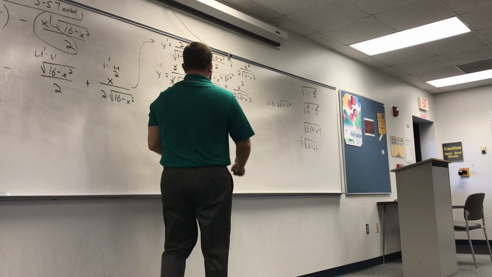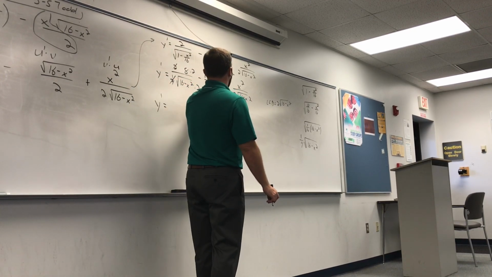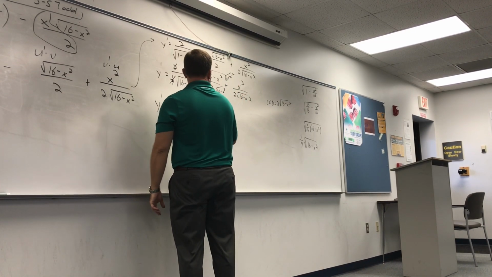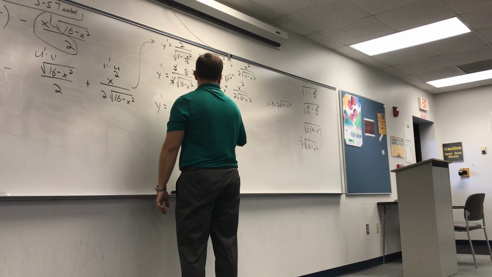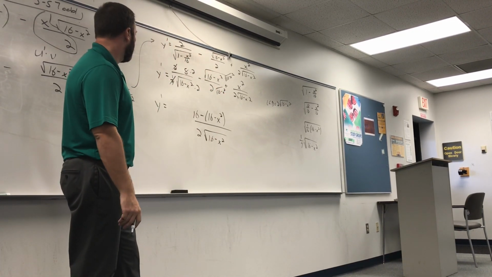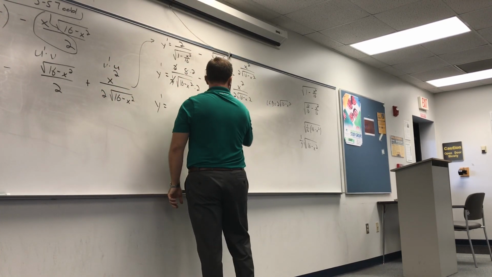8 times 2, that's 16. Minus root 16 minus x squared times root 16 minus x squared. That's just going to be minus 16 minus x squared. In parentheses, we'll distribute the negative later to avoid confusion. And over here, we've got a plus x squared.